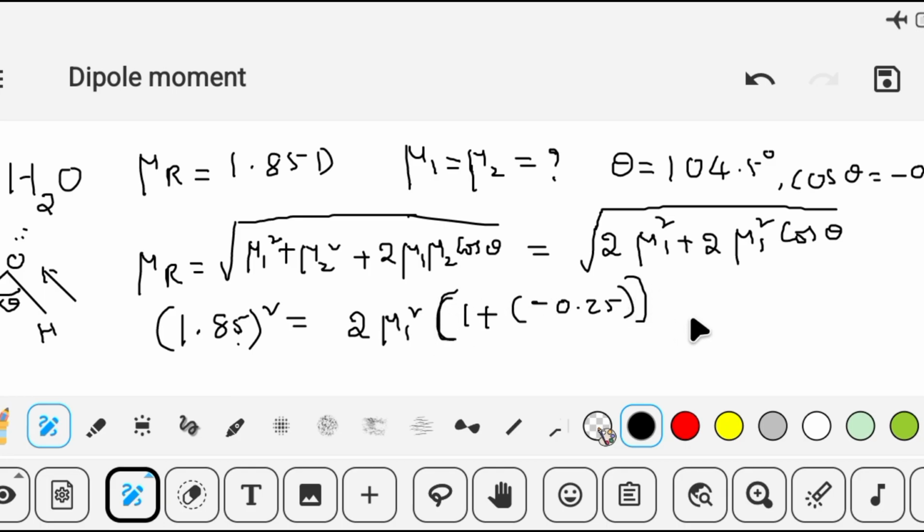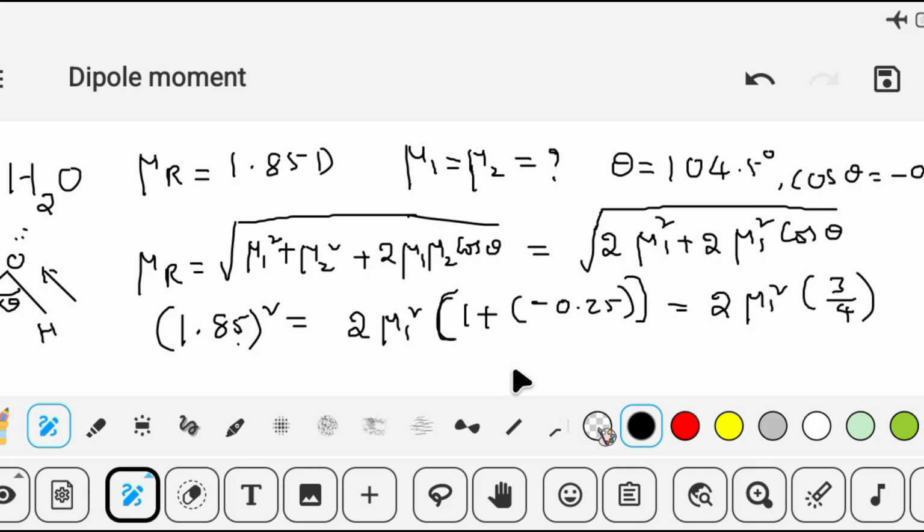So 1 minus 0.25 is 0.75. So we write 2 into mu1 square into 0.75, which is 3 by 4.